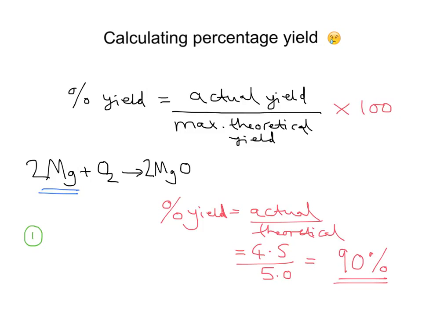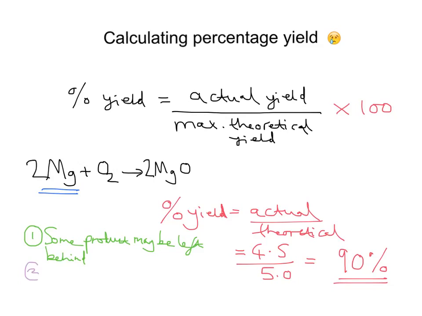So if you're filtering a particular substance, some of that product may get left behind in the filter paper, so you wouldn't necessarily achieve 100% of your maximum yield. So one of the reasons is some product may be left behind.